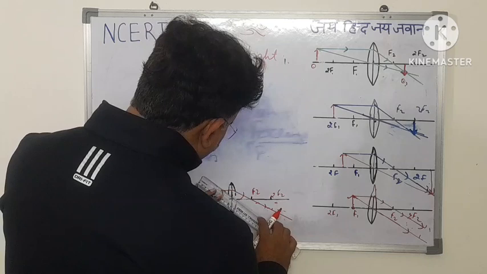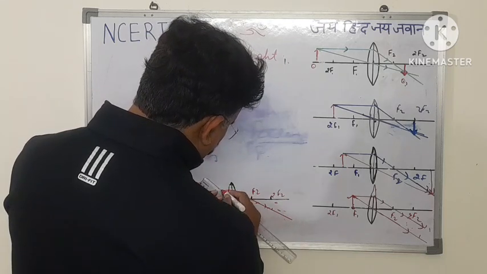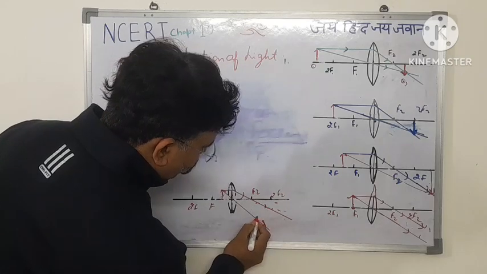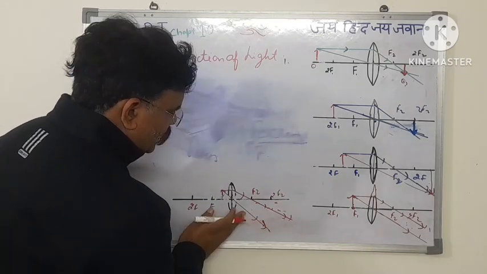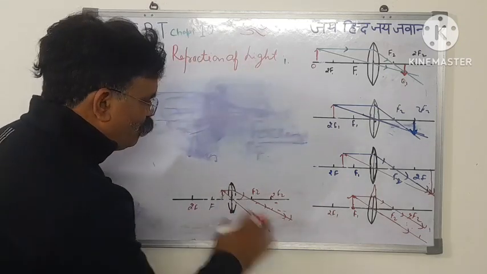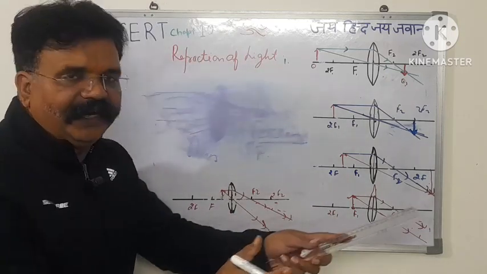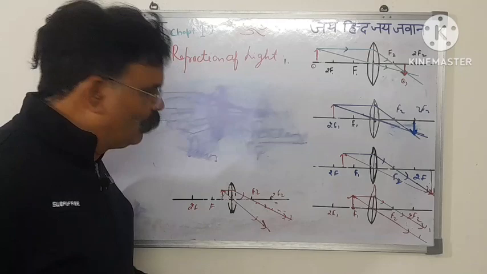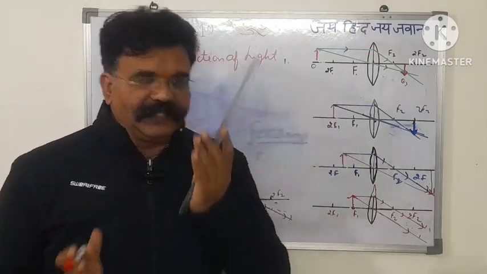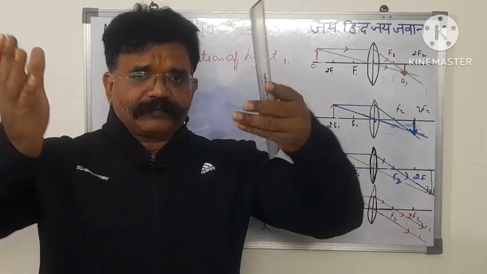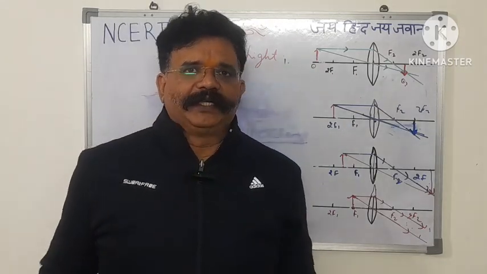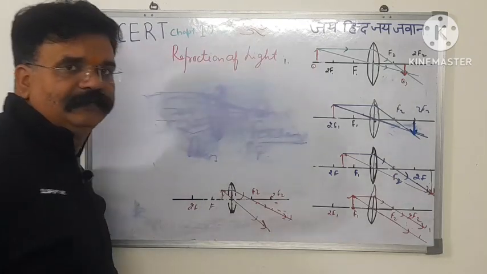And the other ray will pass through its optical center. Now you can see very clearly that the distance between these two rays coming out from the lens is increasing gradually and continuously. They will never meet.